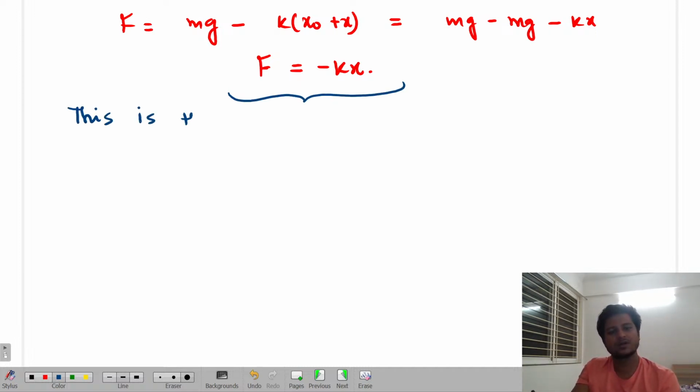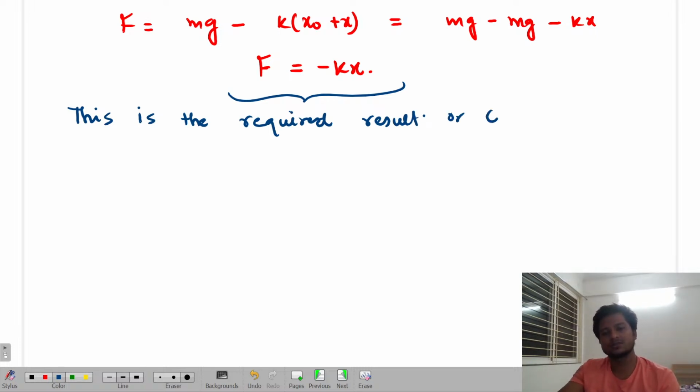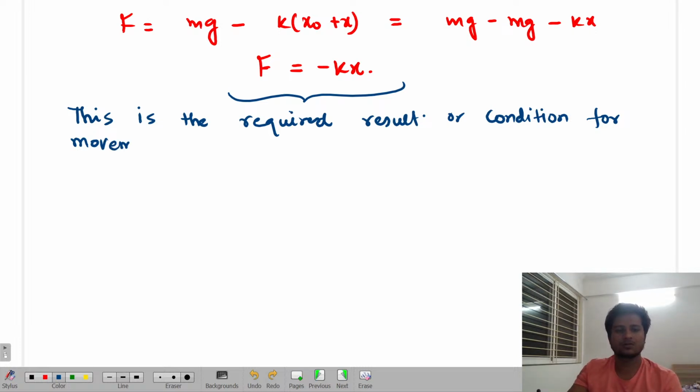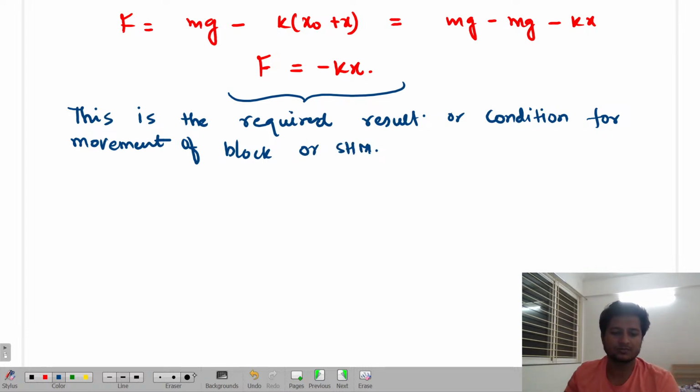This is the required result or condition for movement of block, or for the SHM. Is that clear?